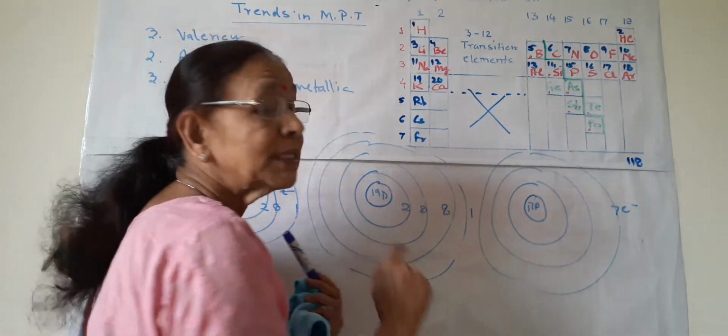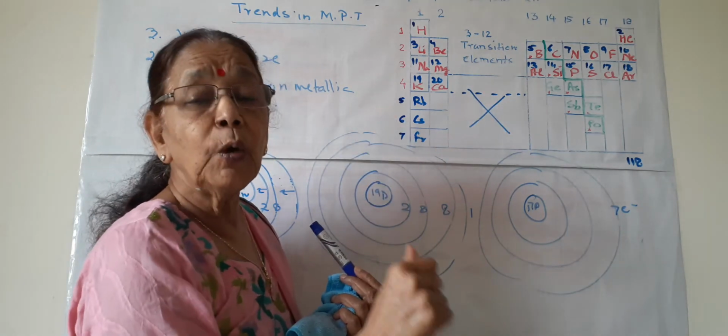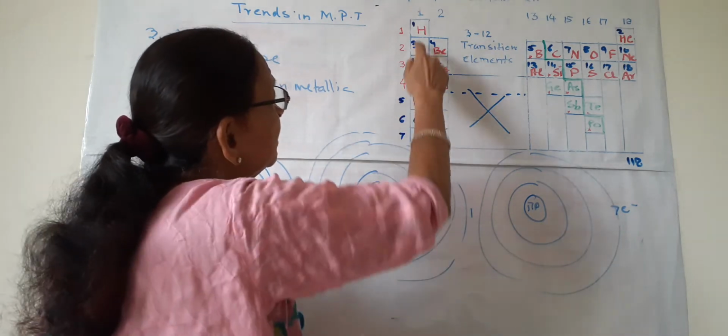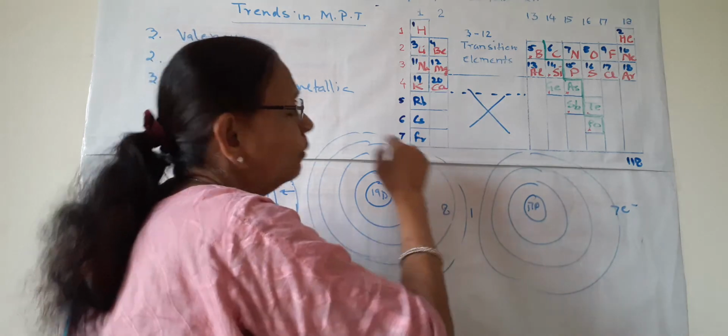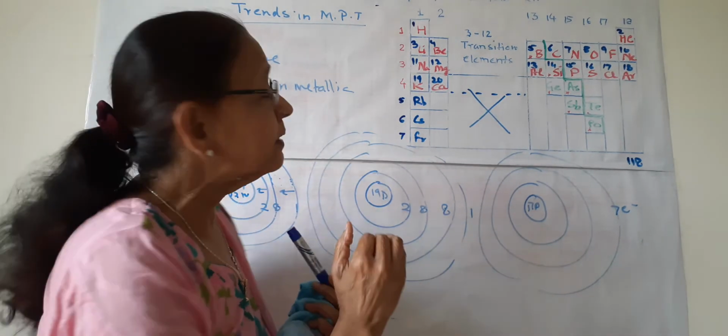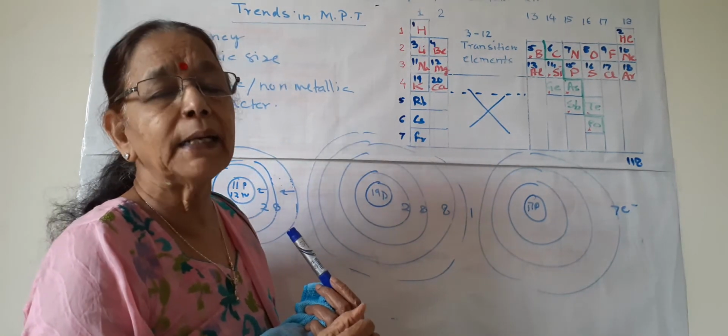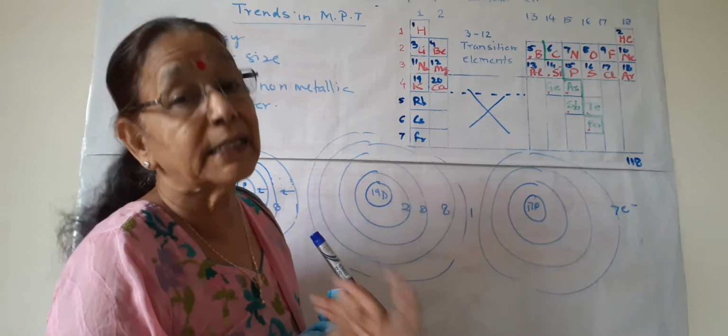So francium is the most metallic in nature out of the whole table. So in this way we can say that down the group the metallic character increases, or vice versa, down the group the non-metallic character decreases.